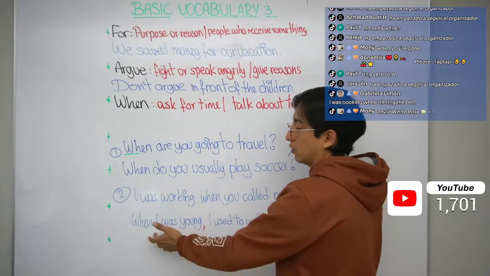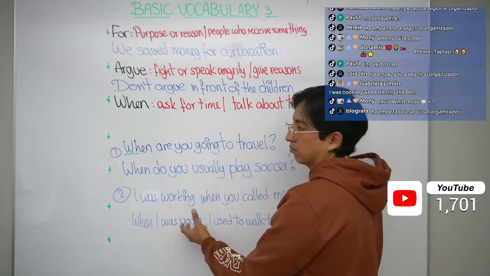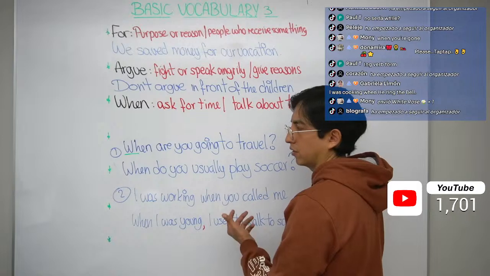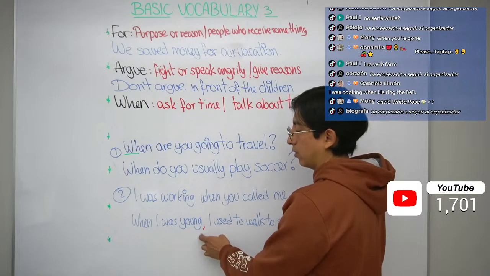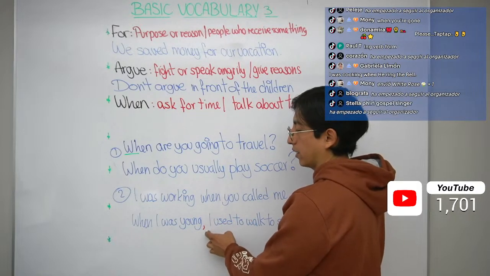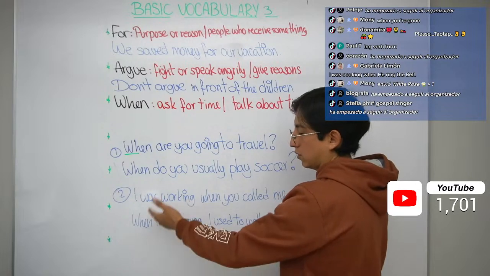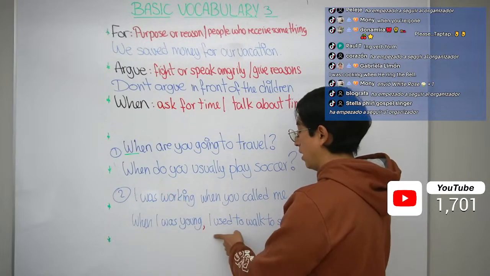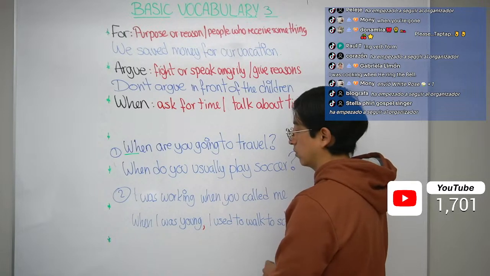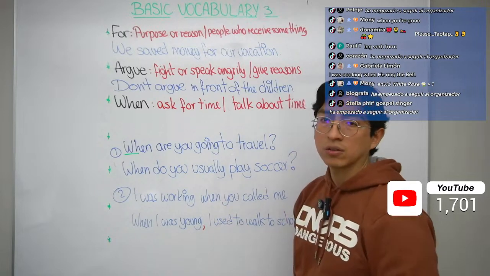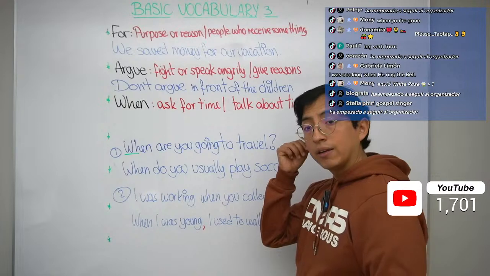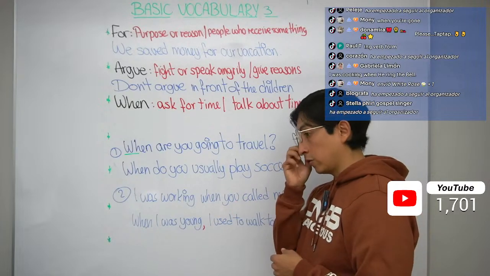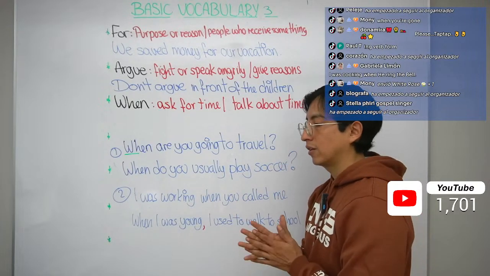In some cases, you can use when I was young. That could be the first situation, but remember, we need to use a comma here. When I was young, this is the situation. I used to walk to school. This is the second action or the second situation here. So this is how it works.